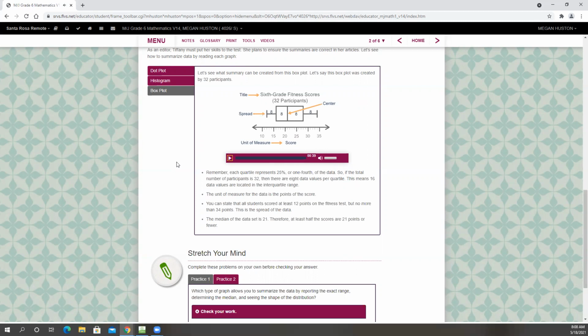There are a bunch of observations that you can make with the box plot as well.